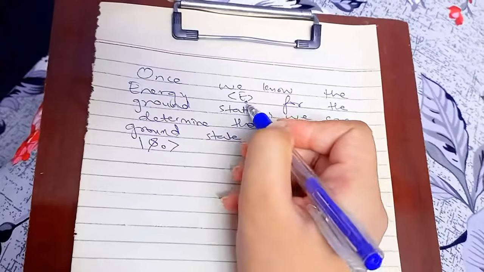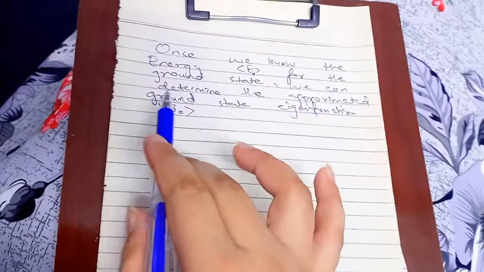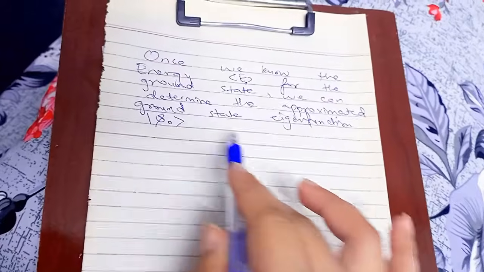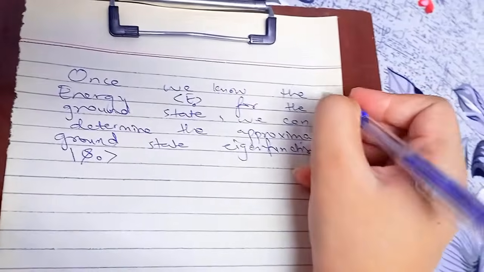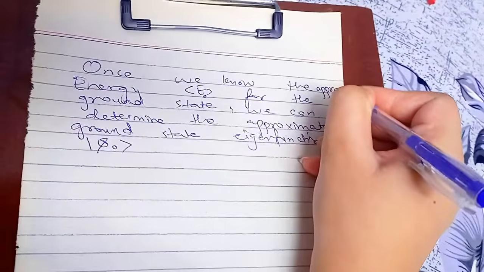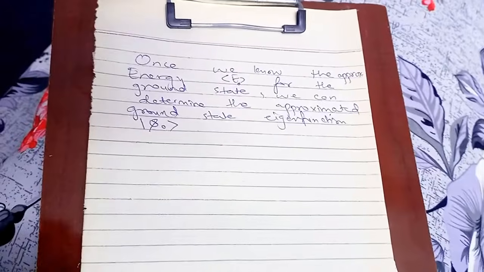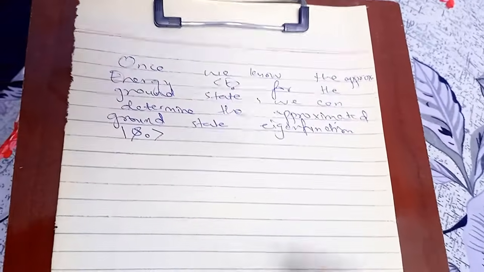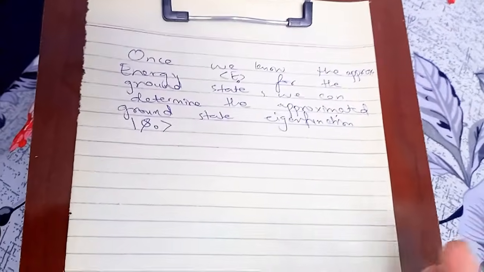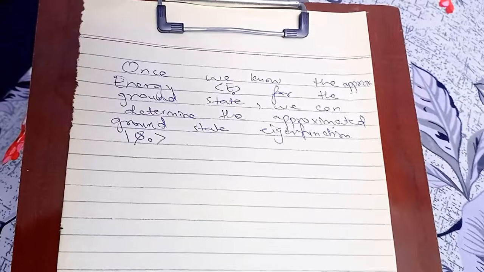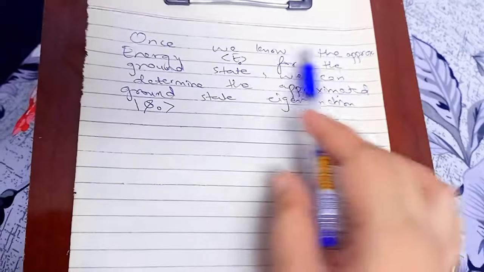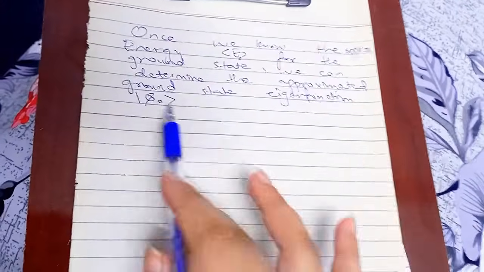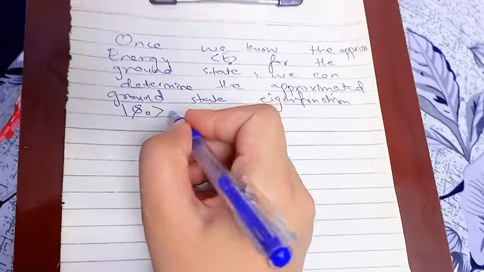Let's write E naught here just to show that it's for the ground state. We can determine the approximated ground state eigenfunction once we know the approximated energy as well. To be specific, because we will get an approximated energy that could potentially be equal to the exact energy, but that's an exception depending upon the trial function, the quality of the trial function you have chosen. So once we know the approximated energy for the ground state, we can determine the ground state wave function very easily.